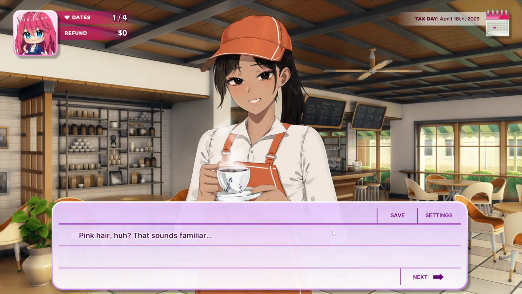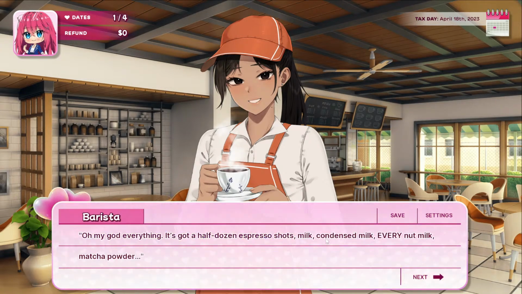What's in it? Pink hair, huh? That sounds familiar. It's got everything. Half a dozen espresso shots. God damn, no wonder she acts like that. She's high on caffeine. Milk, condensed milk. Ooh, is condensed milk kind of sweet? Every nut milk, matcha powder, boba pearls, protein powder.